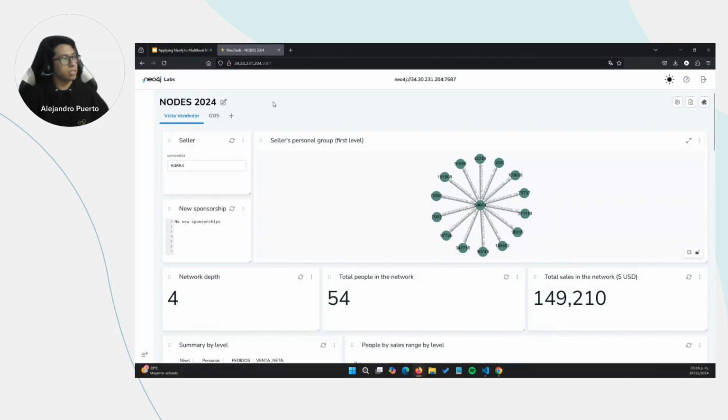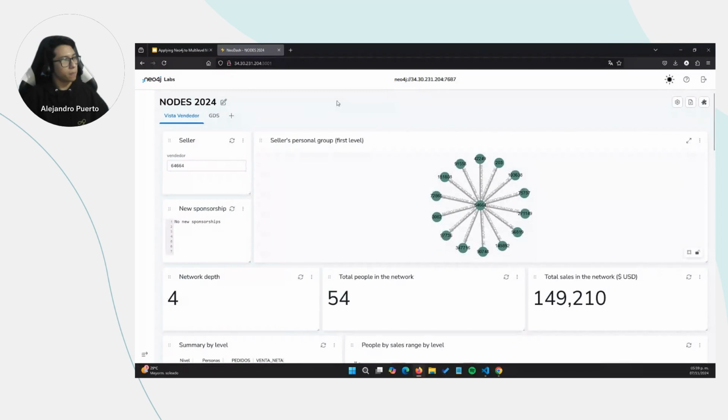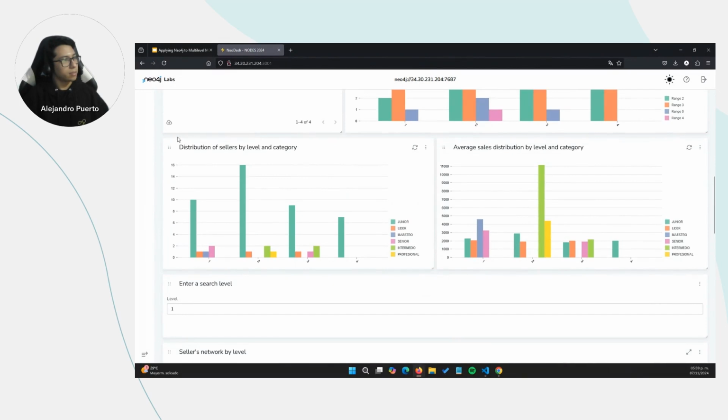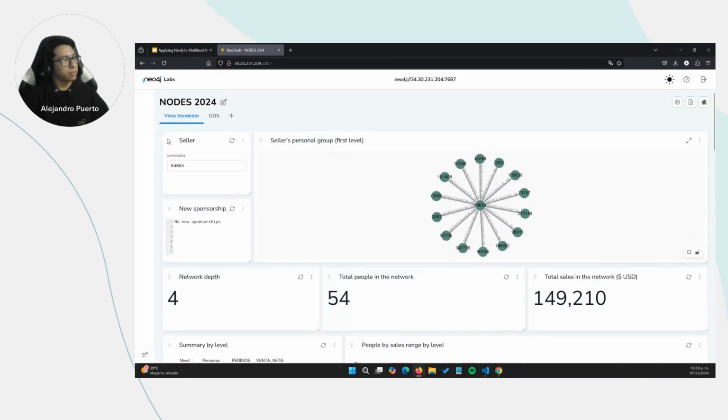NeoDash is a product of Neo4j for making dashboards. So I made this dashboard with some views. Let's look at this one.